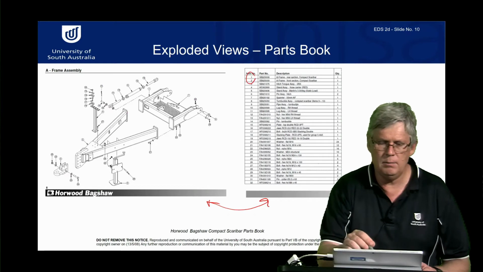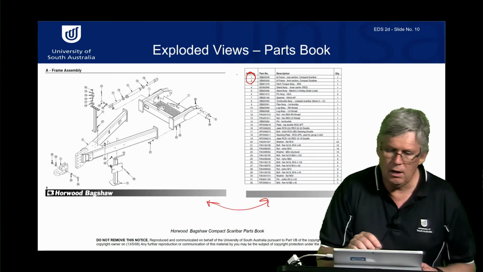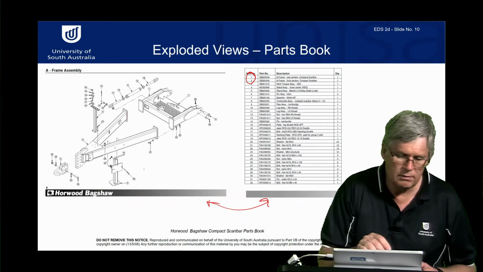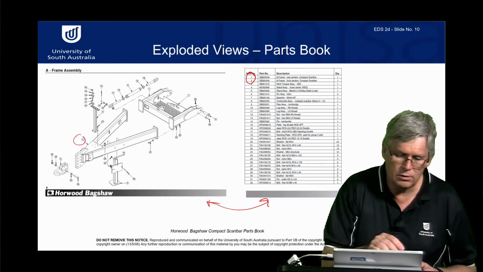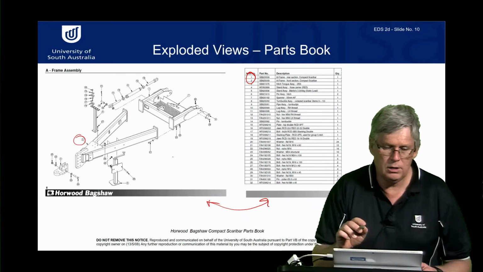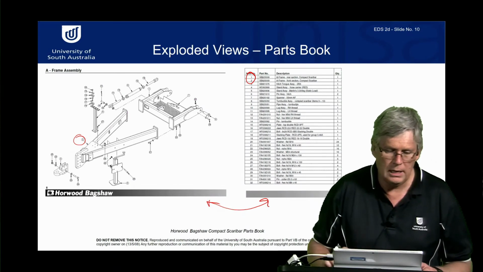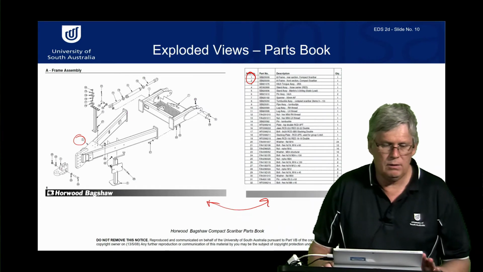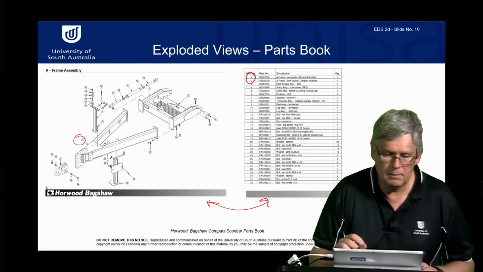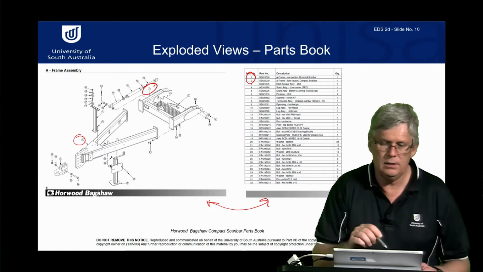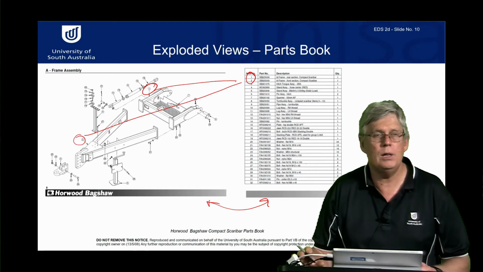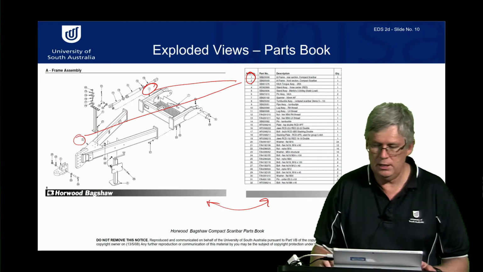So we have item number 1, we can find item 1, there's item 2. Oh, there's item 1 over there. So we can line up item 1, item 2, see what they are and where they are to help identify them.